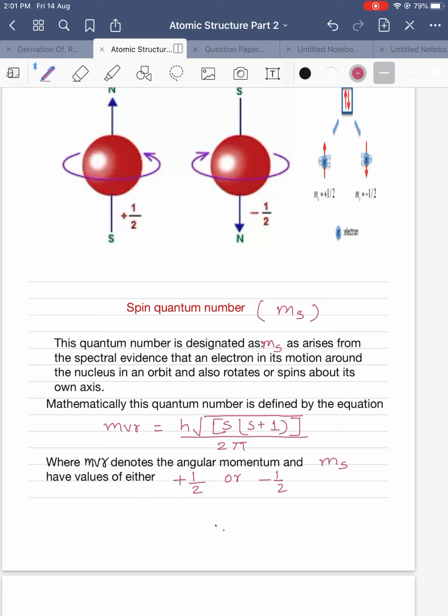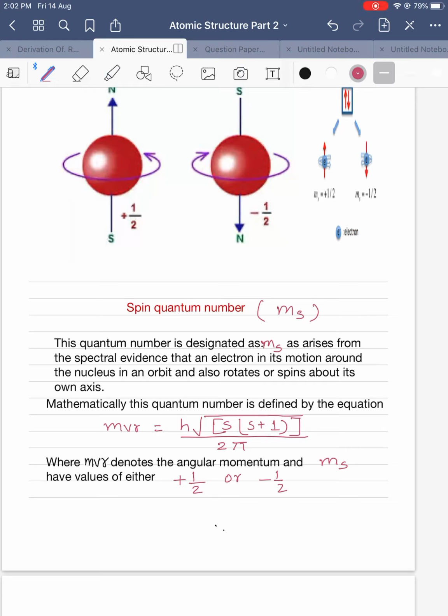As we know, in a magnetic field the vector representing this spin momentum can also orient itself so that its component ms is either in the direction of the field or opposed to it. It means it has a value of either plus half or minus half in units of h by 2 pi.